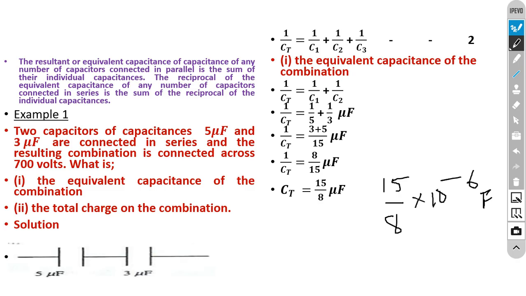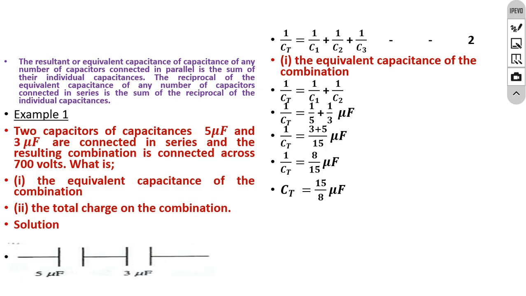So this micro here represents this value. I just feel I should leave my answer in fraction. I'm not comfortable working with decimal. Doesn't mean that if I convert it to decimal that it's wrong. No, it's still correct. Okay, so we are done with the first one.